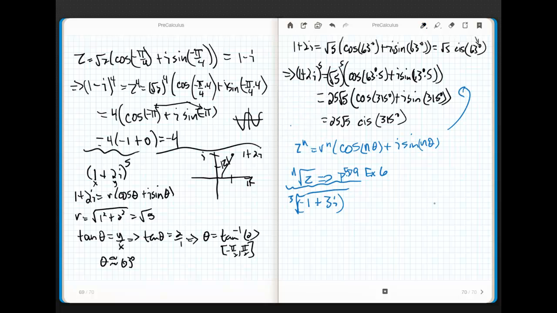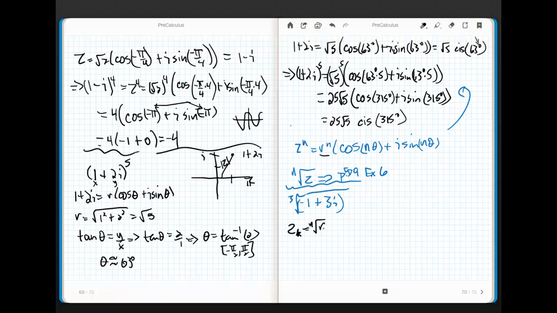I'm going to give you a formula that's going to make you feel like running for the hills. And then we're going to apply it, okay? But I don't want you to panic when you see this. This is going to say z sub k is equal to the nth root of r. Now, that smells real similar to what we did here, right?